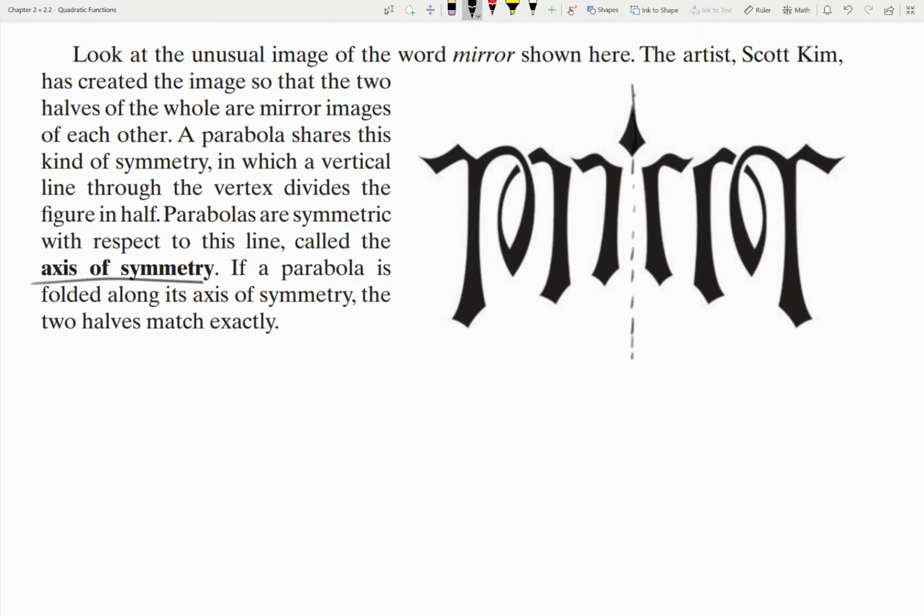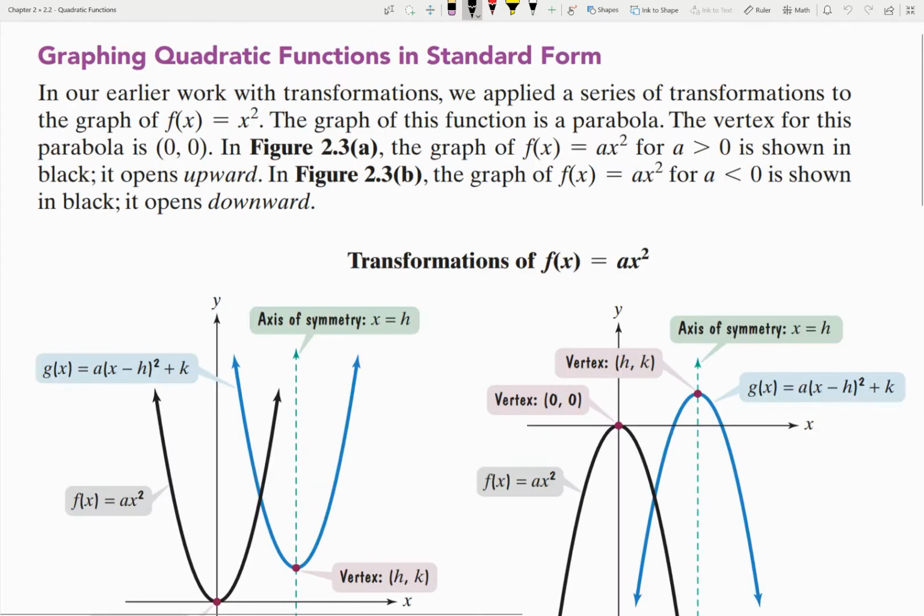That's just a line that cuts the shape, the picture, whatever, in half, and both sides are mirror images of each other. Parabolas are always symmetric. They have an axis of symmetry. The two halves of the parabola will always match. Okay? So let's start graphing quadratic functions.